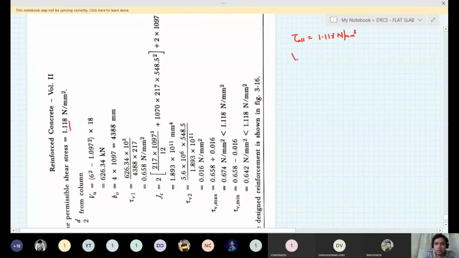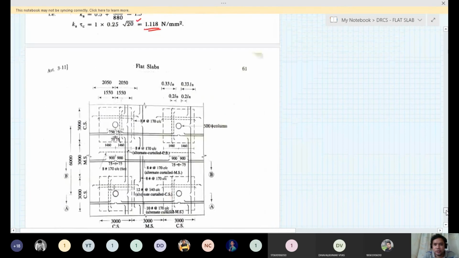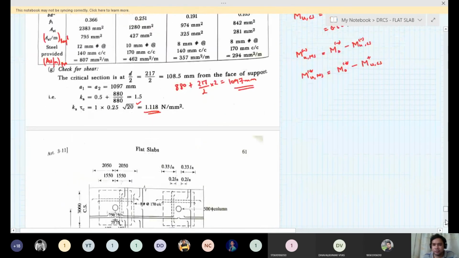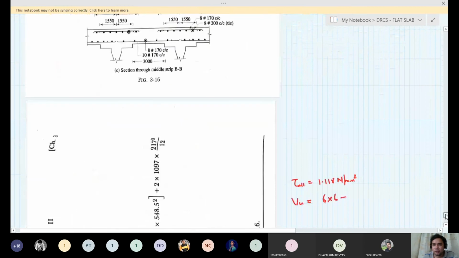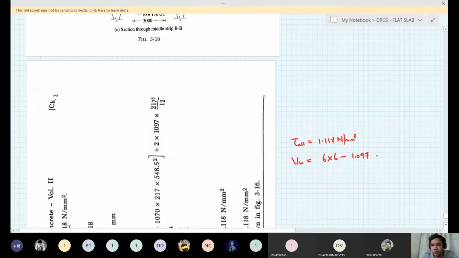Then the next step is to find out the shear. The punching shear will be 6 meter by 6 meter minus the width of the critical section. The width of the critical section is 1.097, so minus 1.097 into 1.097, multiplied by the total load of 18, that is 12 dead load and 6 live load.